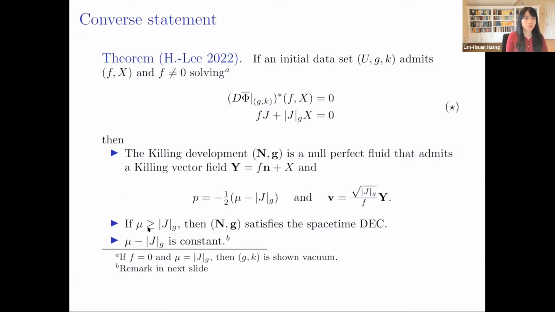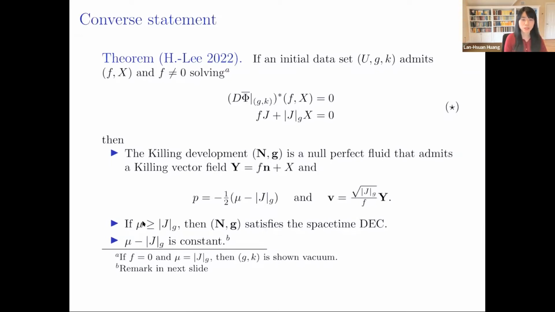Moreover, if we know the initial data satisfy the dominant energy condition, then the Killing development also satisfies the space-time dominant energy condition, which is a stronger condition, right? It requires that the Einstein tensor, if you insert any future causal vectors, is non-negative.